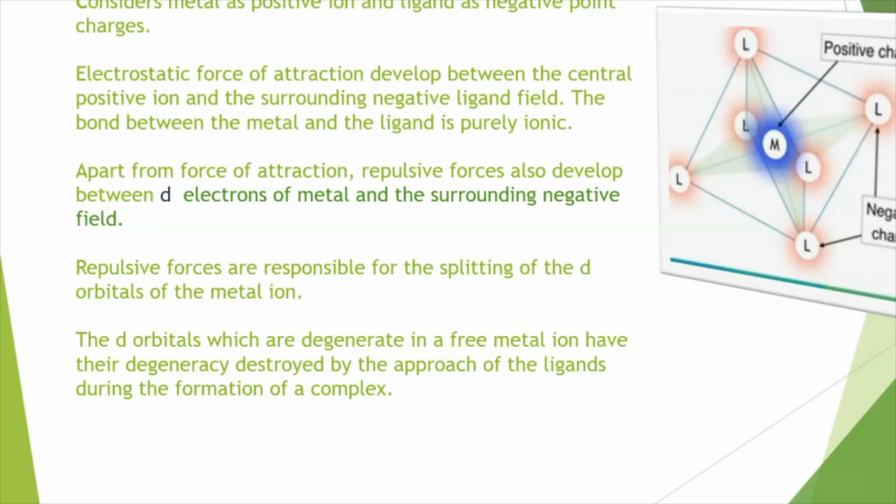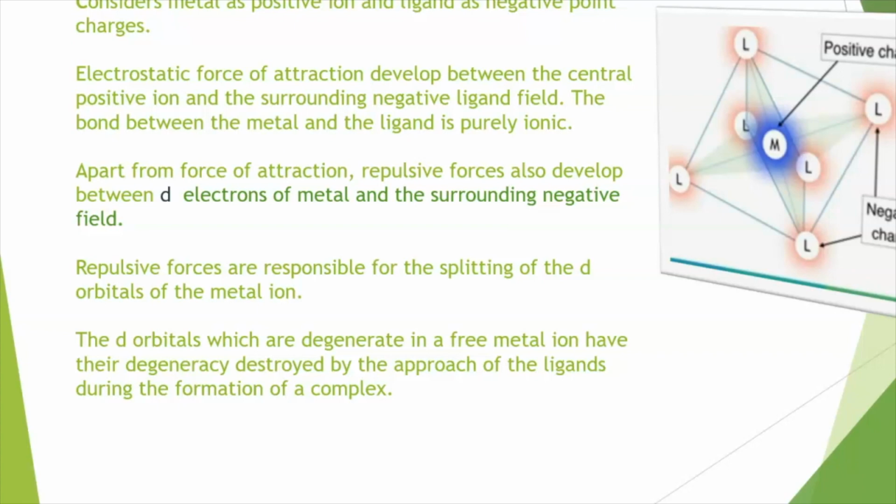Next, the bonding between the metal cation and the ligands arises due to the electrostatic attraction between the nucleus of the metal cation and the partial negative charge present on the ligand. That is, the bond between the metal and the ligand is purely ionic.